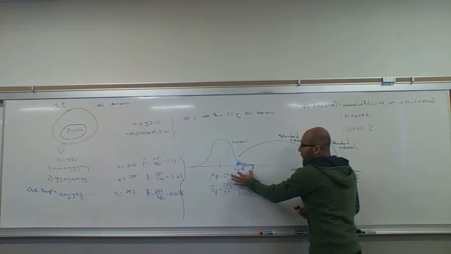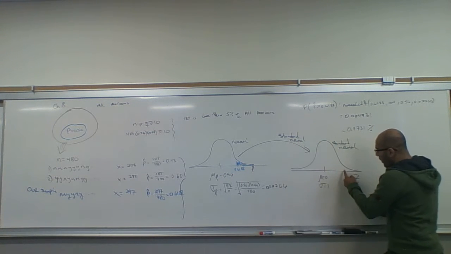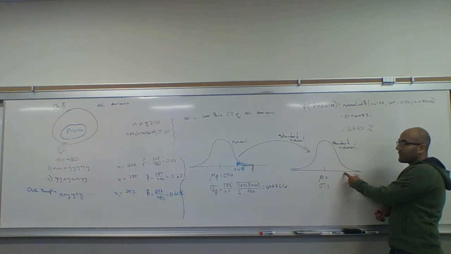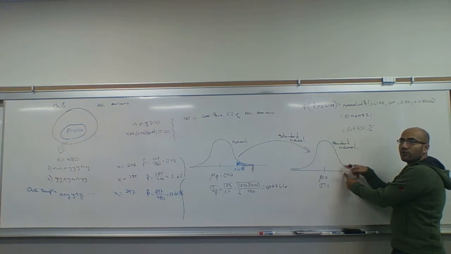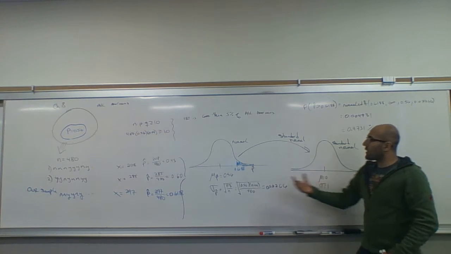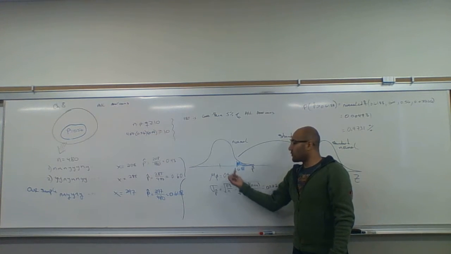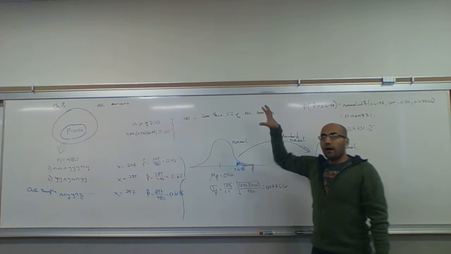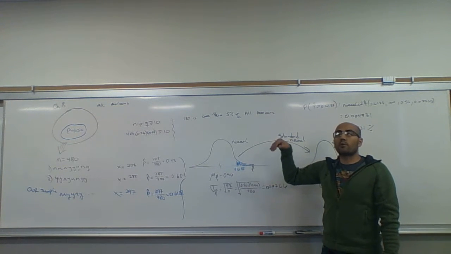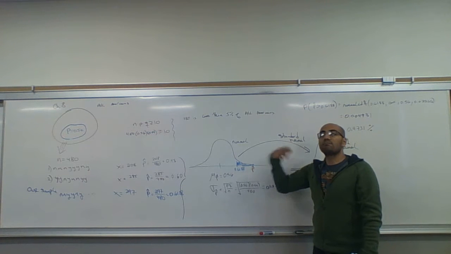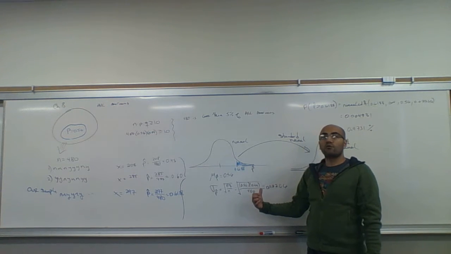What we want to do is figure out which value on here is proportionally equivalent. That's going to give you the proportionally equivalent area. Remember that to do that, we figure out the multiples of the standard deviation. All normal distributions are proportionally equivalent as multiples of the standard deviations of their own distributions.